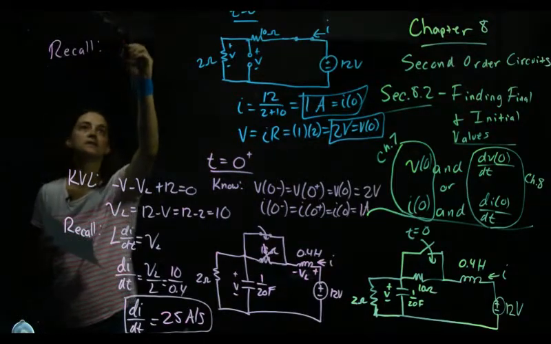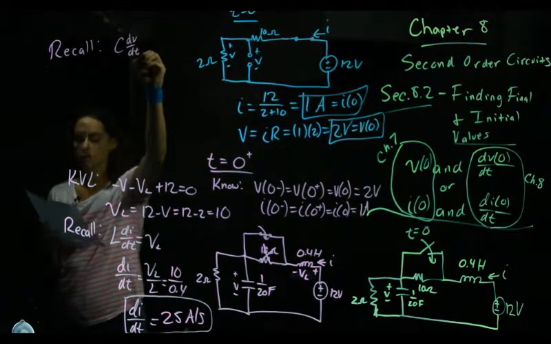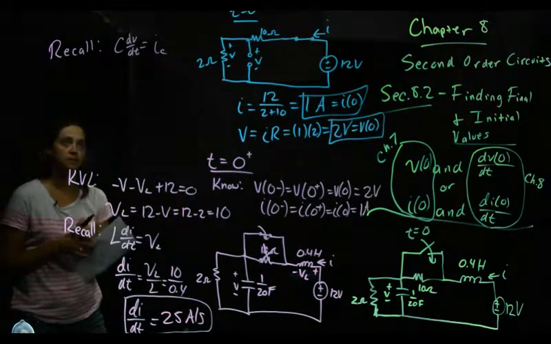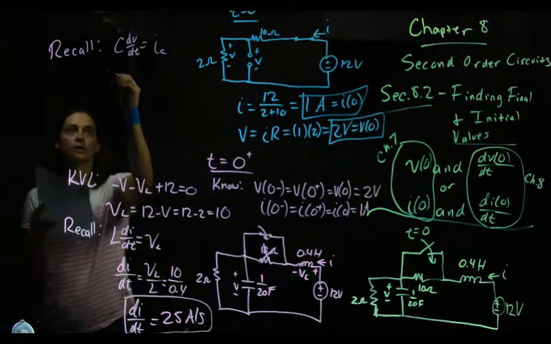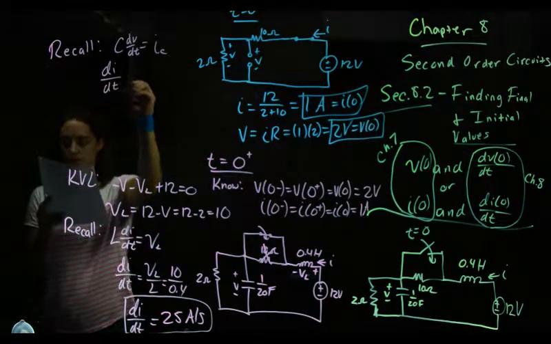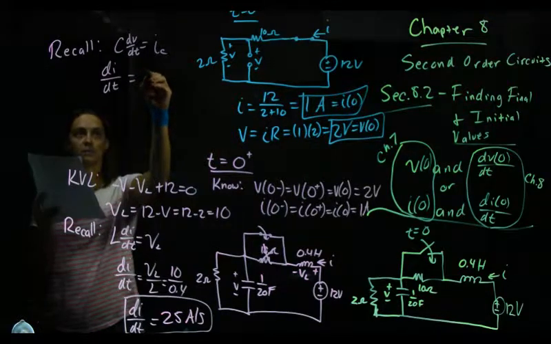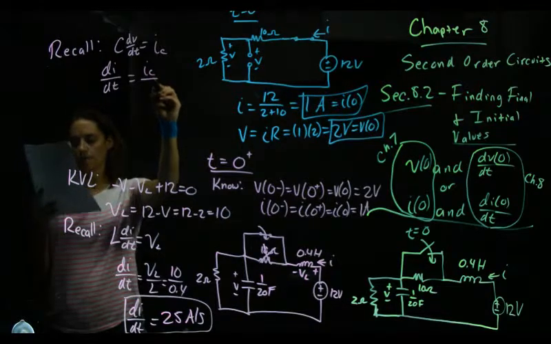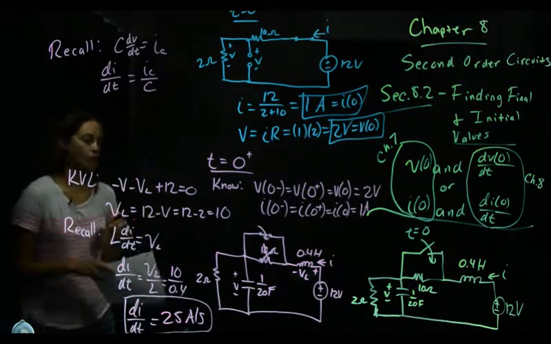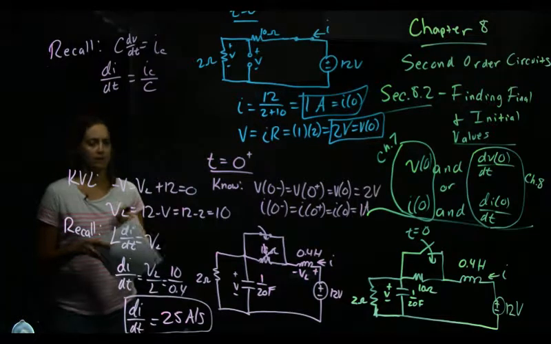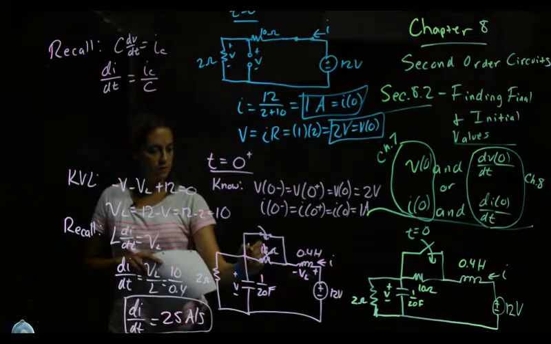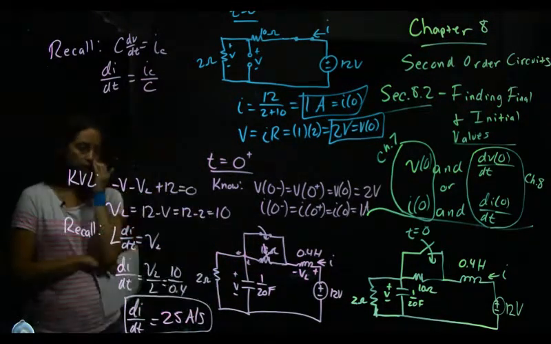I know that C dV/dt is equal to the current through a capacitor, or dV/dt equals IC over C. But I don't know my current through my capacitor, right? I know this current, but when I get here, this current splits. Some of it goes that way, some of it goes that way. So I don't know that current. So that's not going to work.